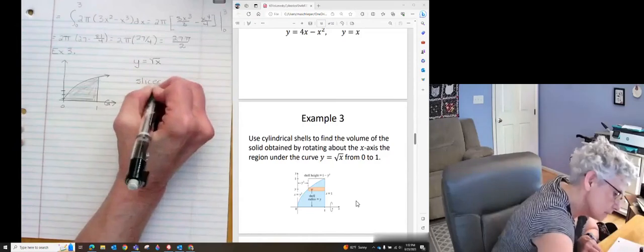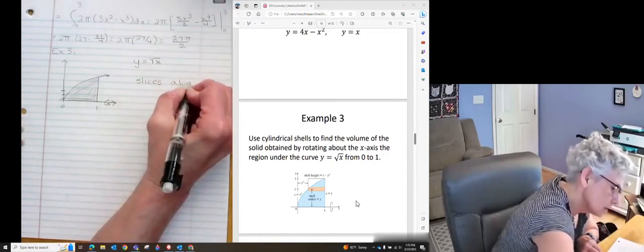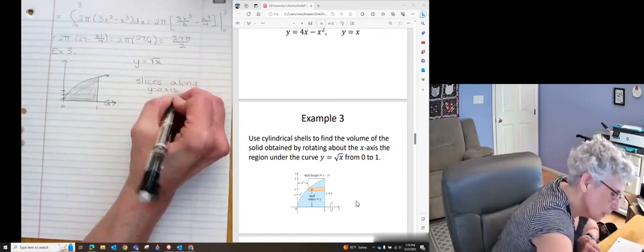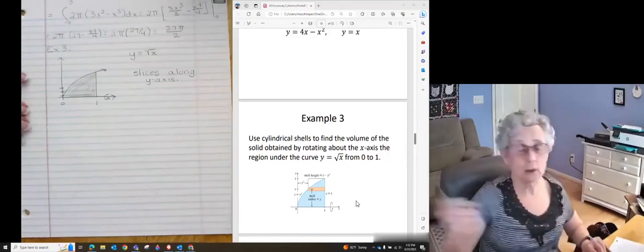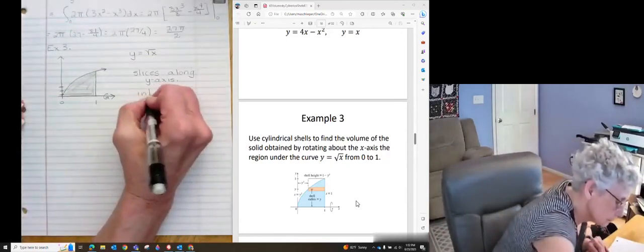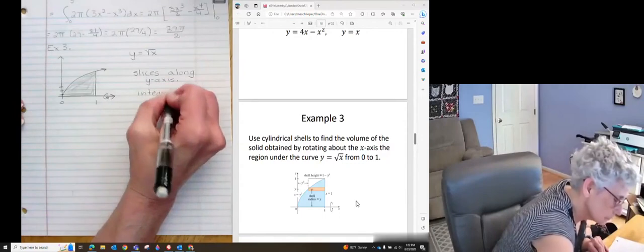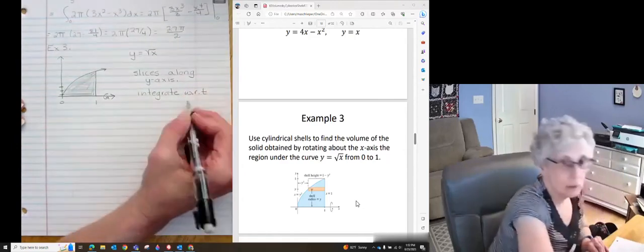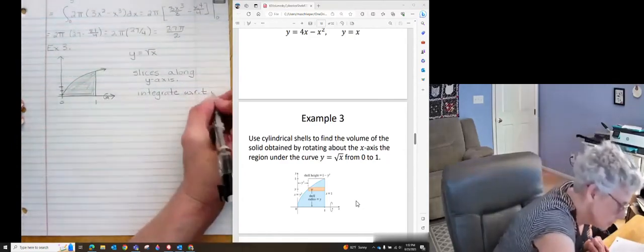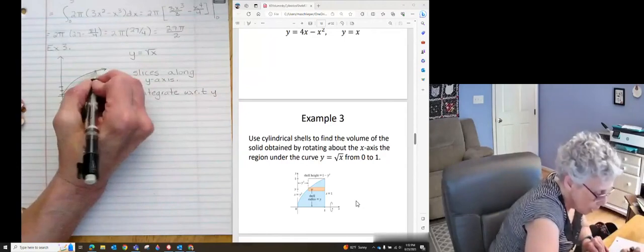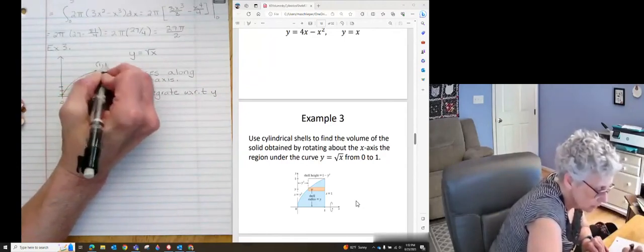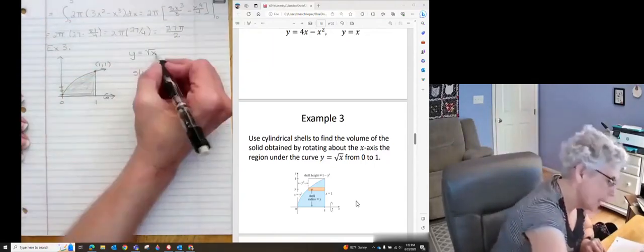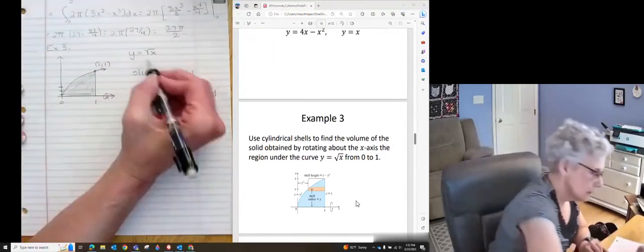So my slices are along the y-axis, which means I'm going to integrate with respect to y. So my y's are going from 0 to 1.